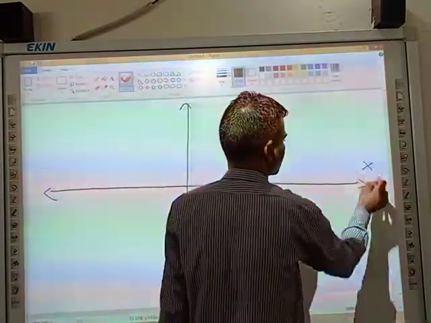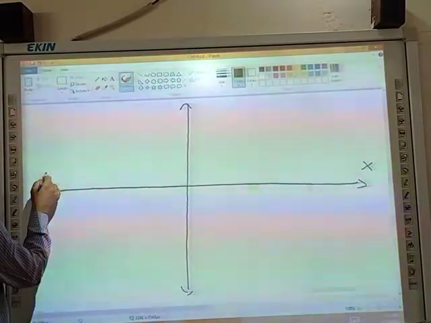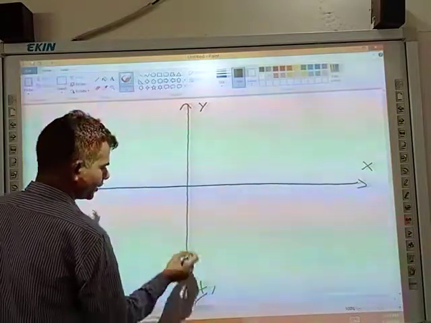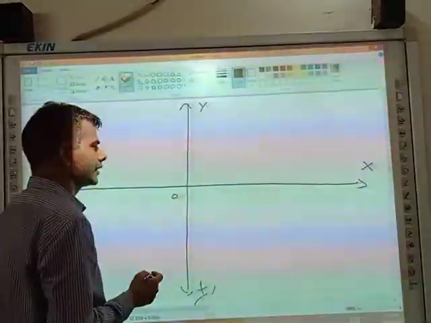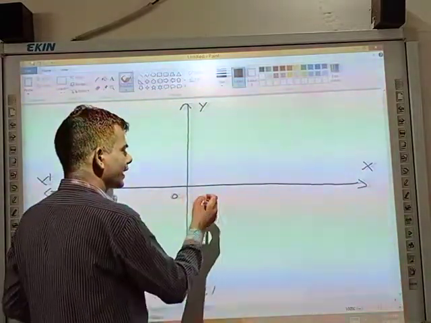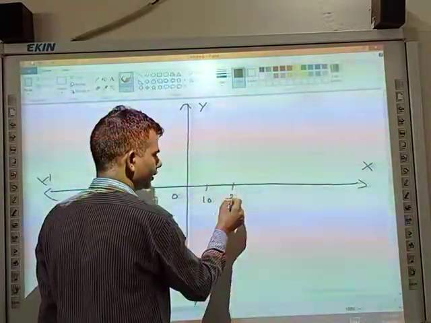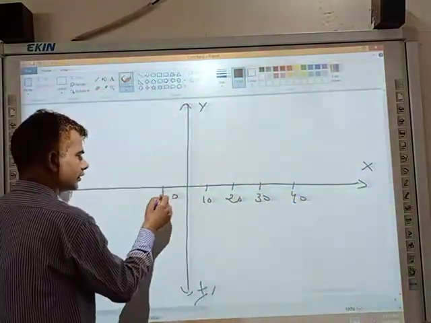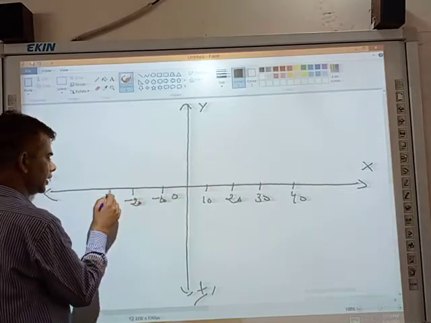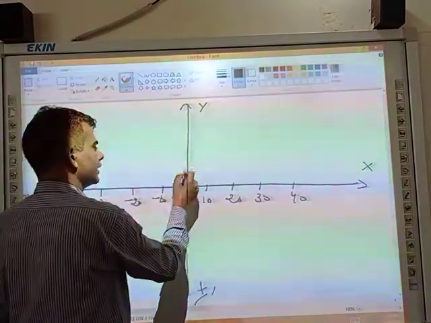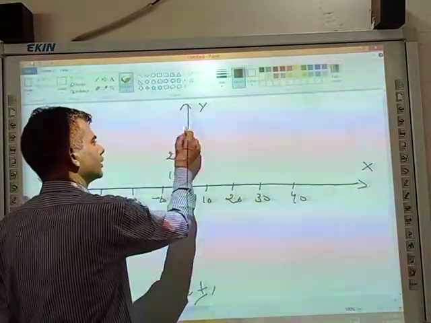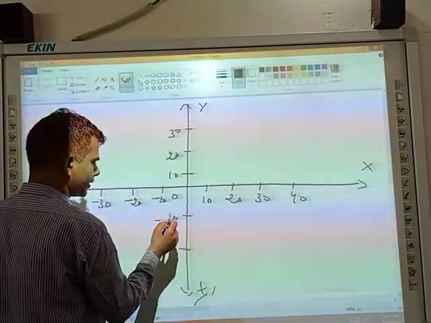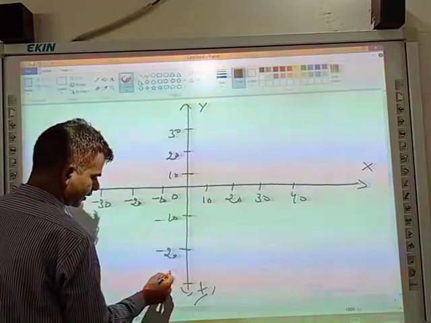That is your x, x dash, y and y dash. Students, this is your origin. Take the gap as 10, 20, 30, 40, and minus 10, minus 20, minus 30.